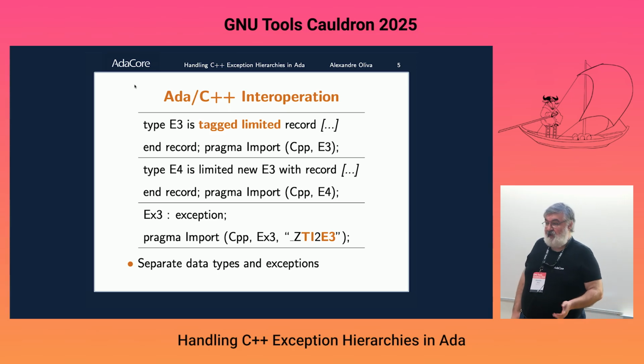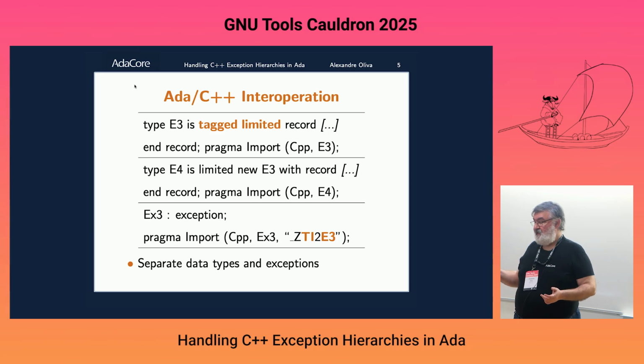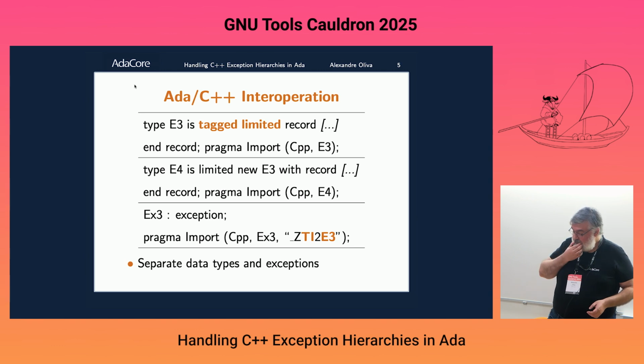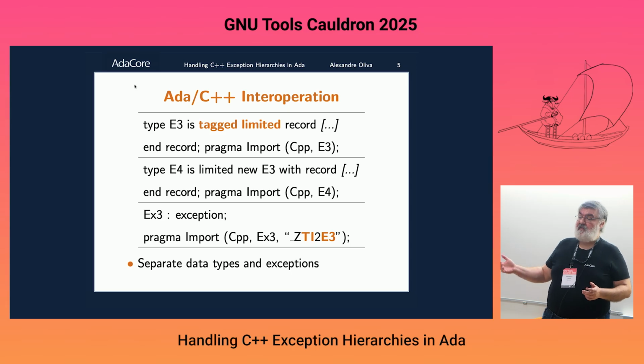It may or may not be tagged. That means it has dispatching primitives, or in C++ speak, virtual calls, virtual member functions. And you declare that the type follows C++ conventions by importing it from C++ with a pragma.